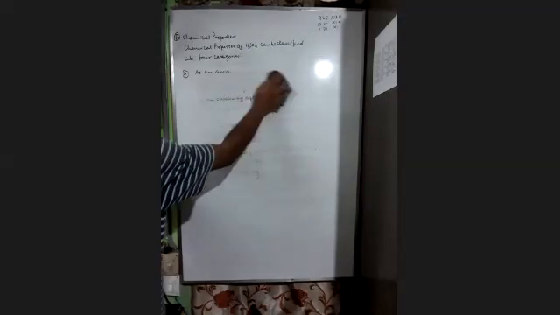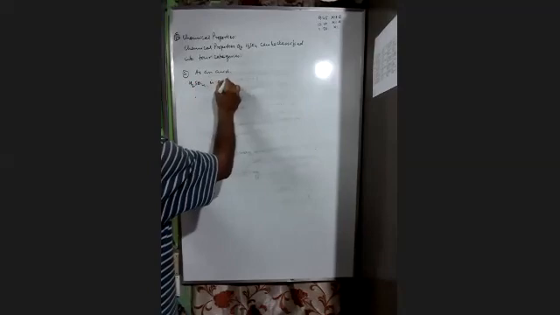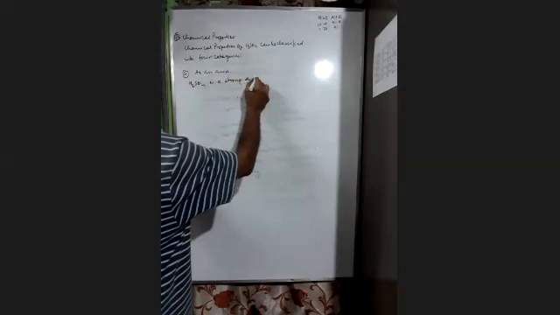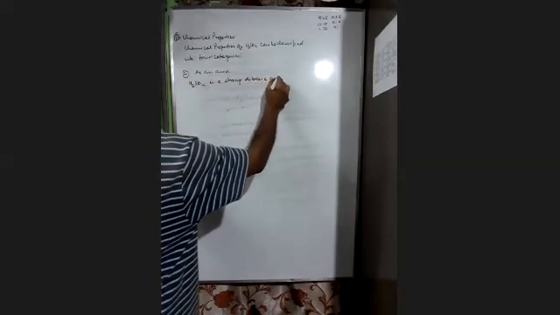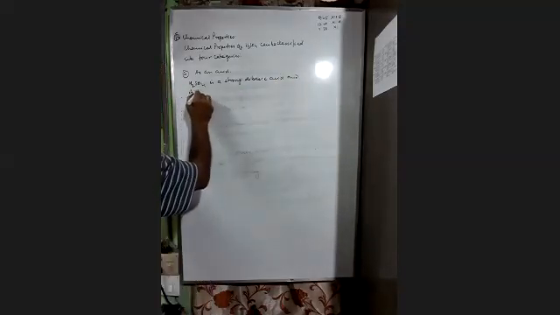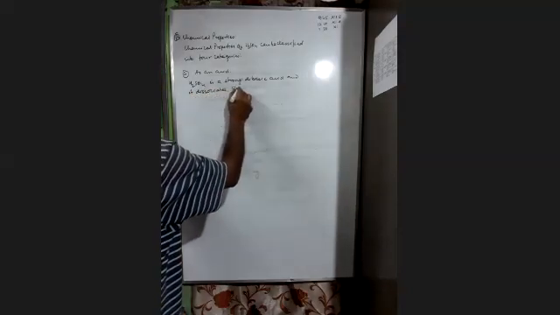Done, sir? Okay. So now we'll do this one. We'll write now here: H2SO4 is a strong dibasic acid and it dissociates stepwise.